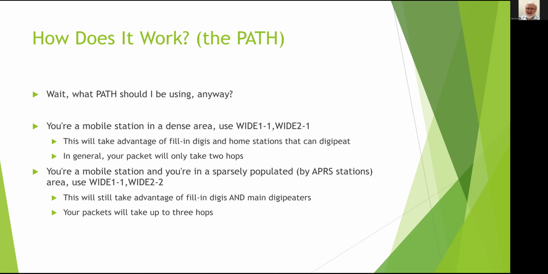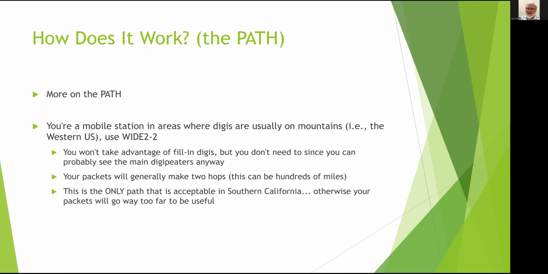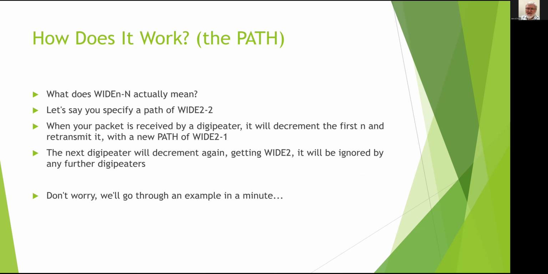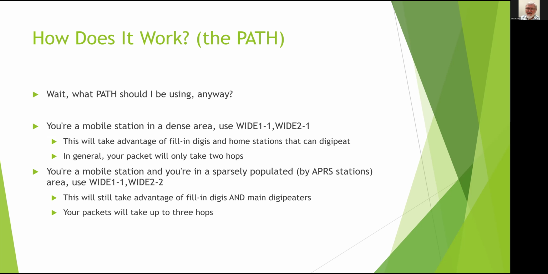If you're a mobile station and you're in a sparsely populated area, sparsely populated by APRS stations, you want to use wide 1-1, comma, wide 2-2, which gives you up to 3 hops that are going to happen, right? I didn't talk about the concept of fill-in digipeaters yet, and I have that in the slide here. So let me talk about what that means. This first part of the path, the wide 1-1, is intended to be consumed by a fill-in or local digipeater.